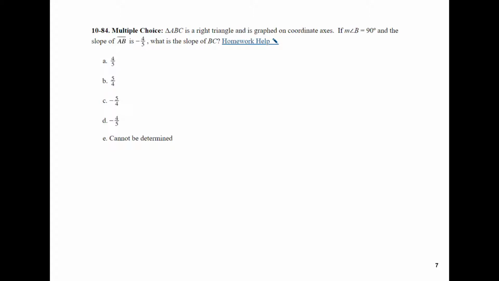So we have our triangle ABC. So if we draw our triangle, if we have A, B, C, I know that B is a right angle, 90 degrees.